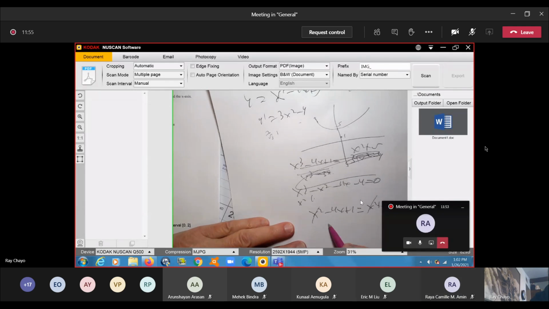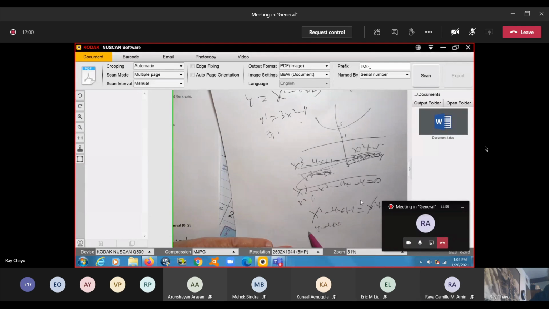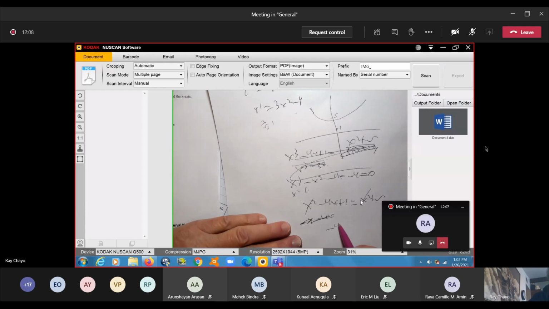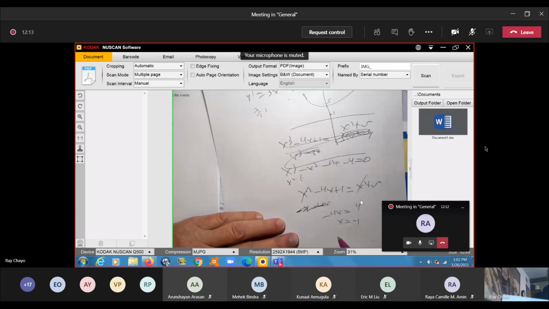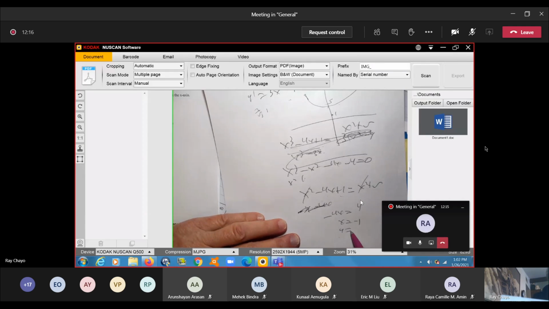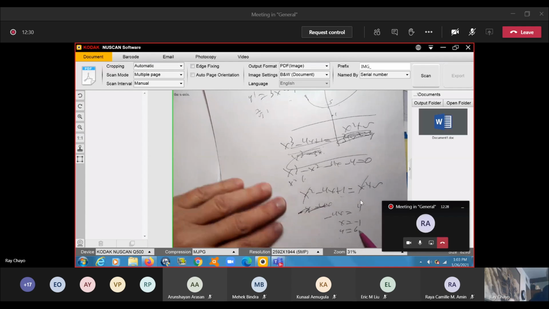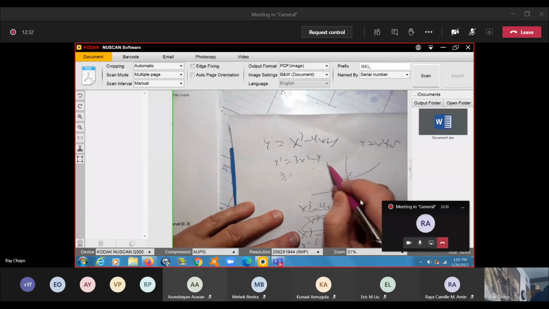Yeah. Okay, so negative 4x equals 4, so x equals negative 1, and y equals 6. So they meet at negative 1, 6.